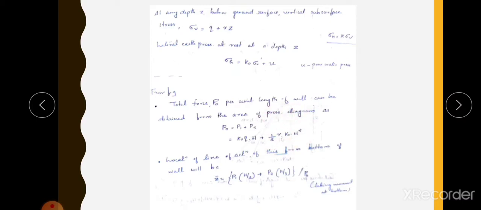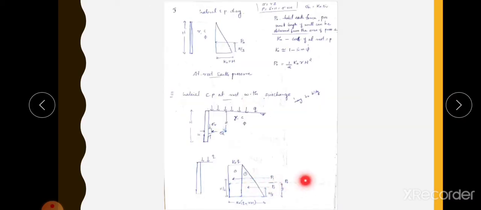So this is the total force P0. In the case of a single triangle, P0 acts at a height h by 3. But here, since it is the sum of two figures, we have to find the distance of this P0 from the bottom, and it can be marked as z dash.